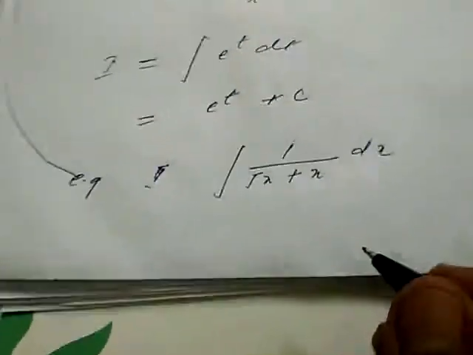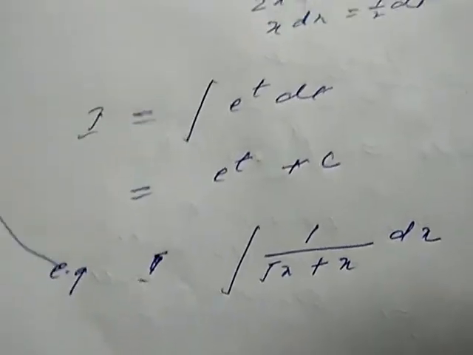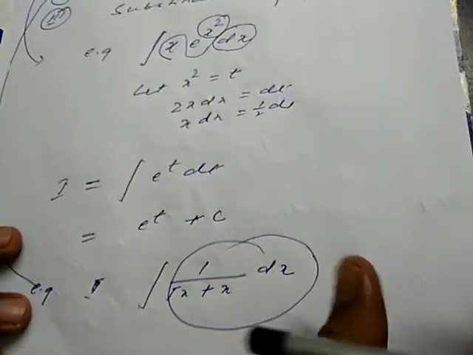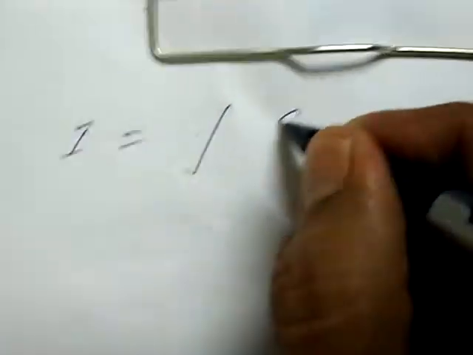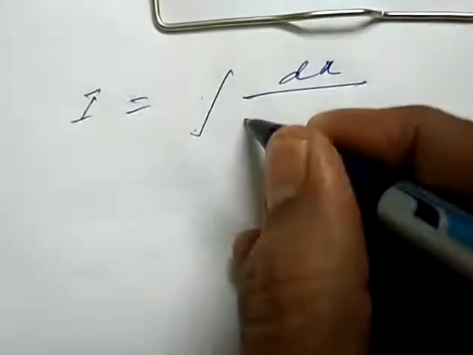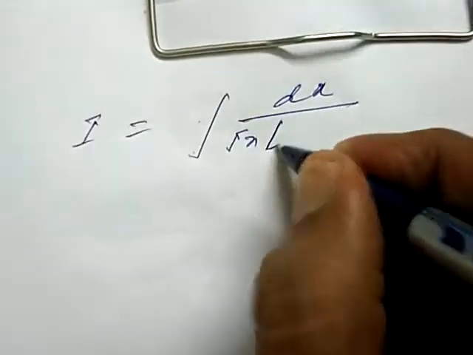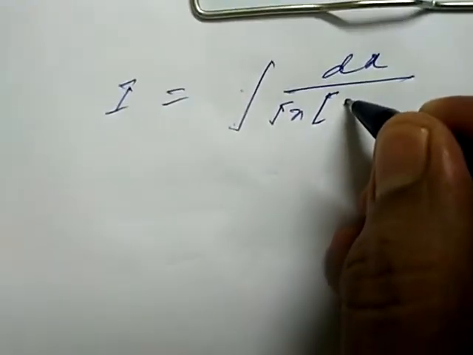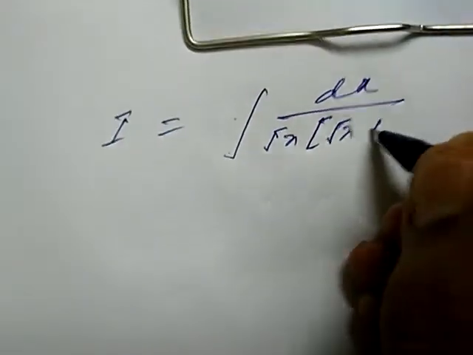Here direct substitution is not visible, but when we do some moderation in the integrand, we can easily solve it. What kind of moderation will we do? I have taken root x common from the denominator. So this will be root x into root x plus 1.